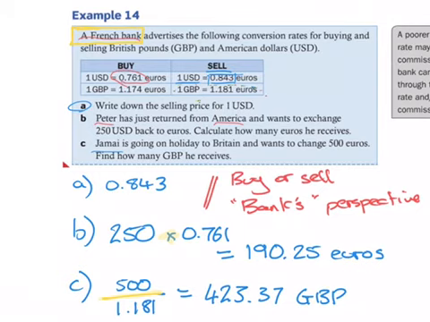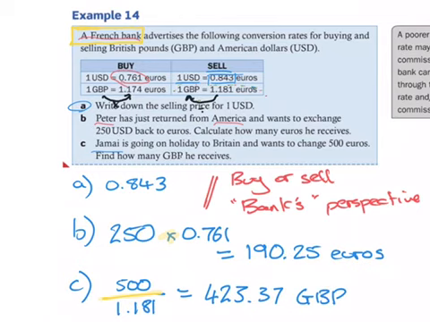Seeing whether we're going this way, which is a multiplier, or this way, which is a divide, or you can think about whether you're looking for the value to get smaller or larger, and then it depends on whether the rate is less than 1 or greater than 1, which again gives it certain challenges, but always give it some sort of context.